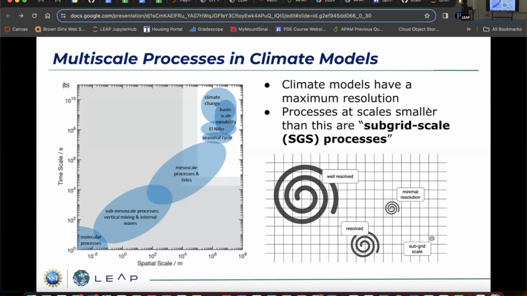If you look at this little image of eddies here, the larger the eddy or hypothetical process, the easier it is for the climate model to actually pick up on. And then at a certain point, as the process gets smaller and smaller on spatial scale, it's harder and harder to pick up. And at a certain point, it gets so small that we call it the subgrid scale because the climate model is not going to pick it up on its own.